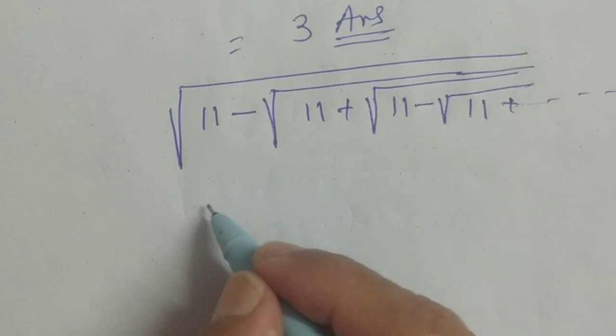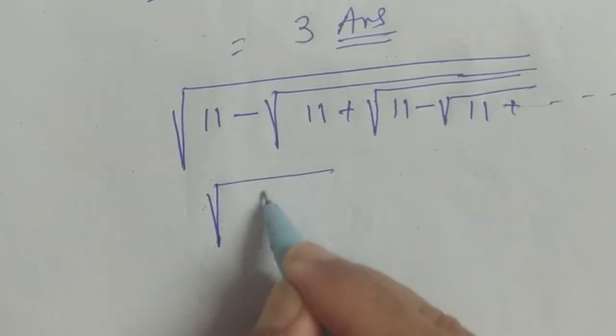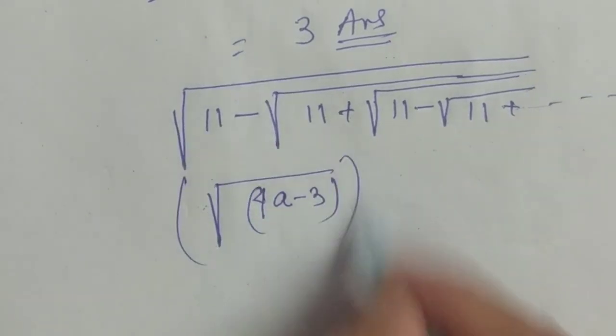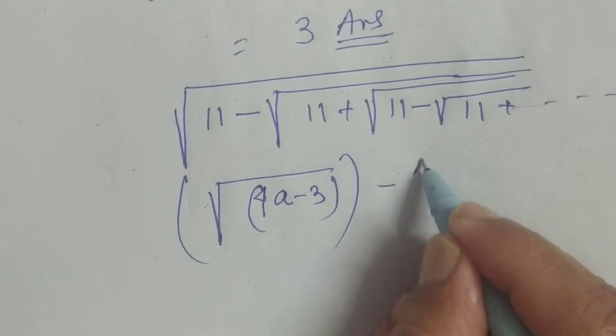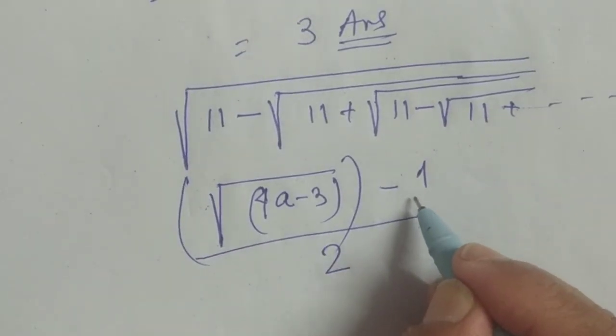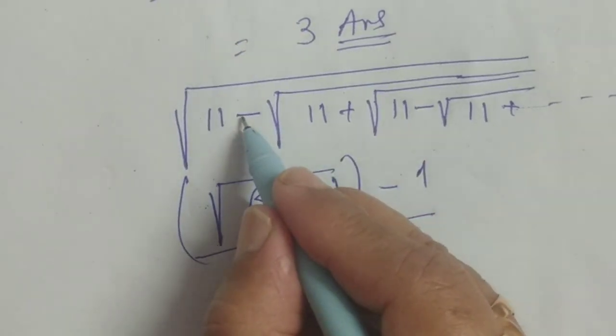Then apply the formula. What is the formula? Root over 4a minus 3, minus 1, divided by 2. Remember, this is minus 1 here. Why? Because the first sign is negative.